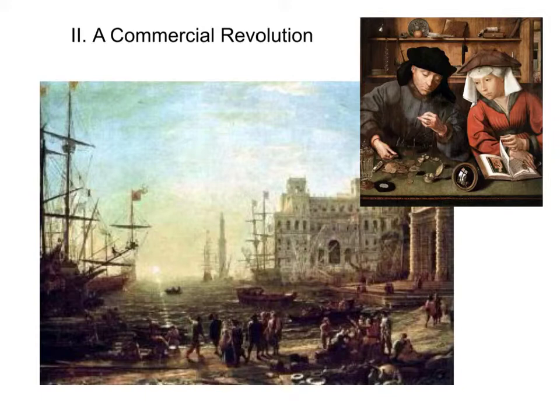The person who is living at home and working at home is producing goods with their very simple machines. Usually it was something like textiles, which are the production of cloth. And then they would take that finished product, the cloth, and sell it back to the merchant, the middleman.